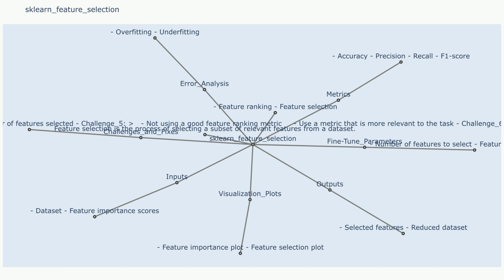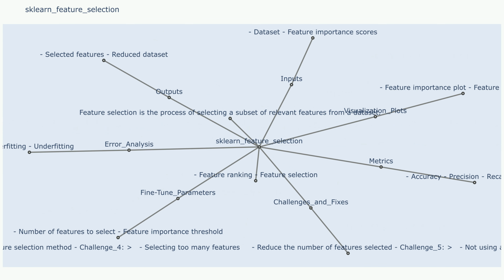sklearn feature selection. Description: feature selection is a crucial step in machine learning that involves selecting a subset of relevant features from the original dataset. This helps in reducing the dimensionality of the data, improving model performance, and simplifying the model.